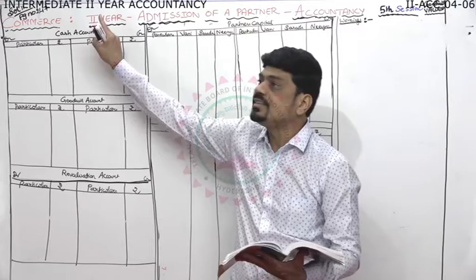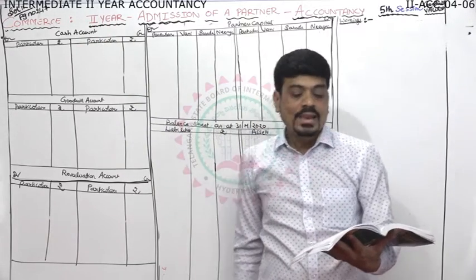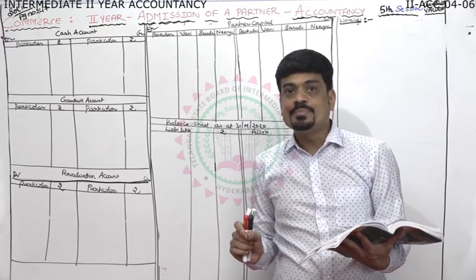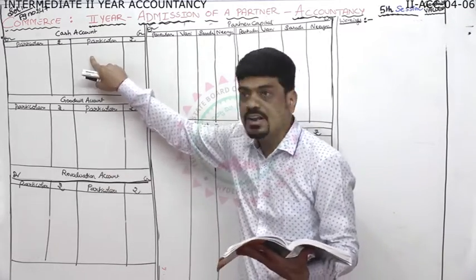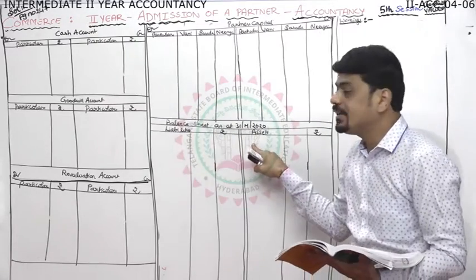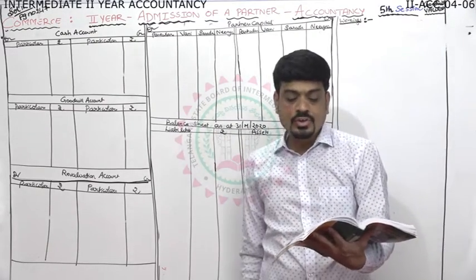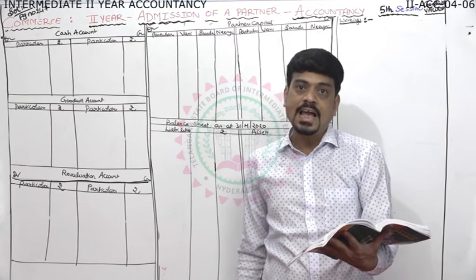That's the reason I have not done the accumulated profit account. Then asset side, cash and bank are both given here. Cash we will take in the cash account and bank we will take directly in the balance sheet. Then debtors, stock, machine and building. These are the assets and liabilities.